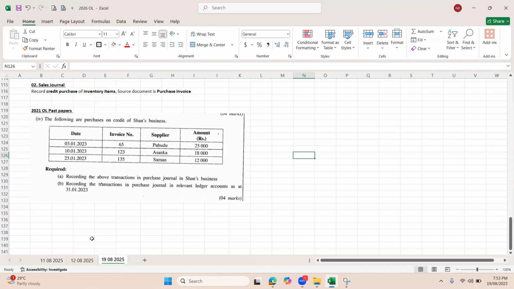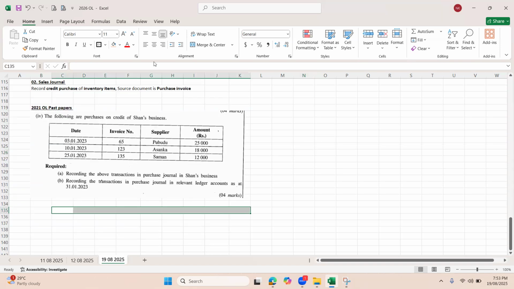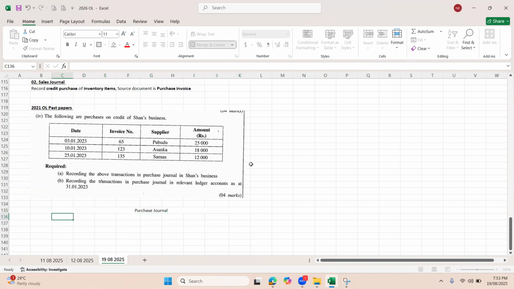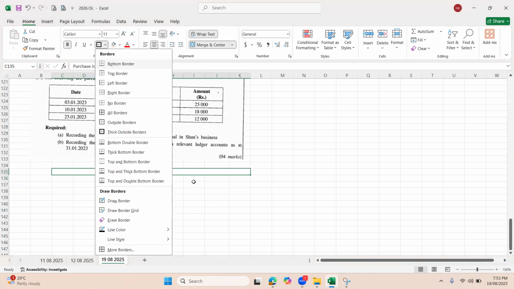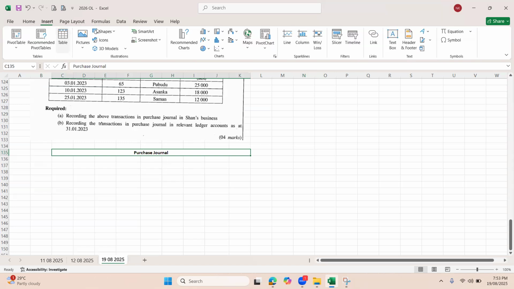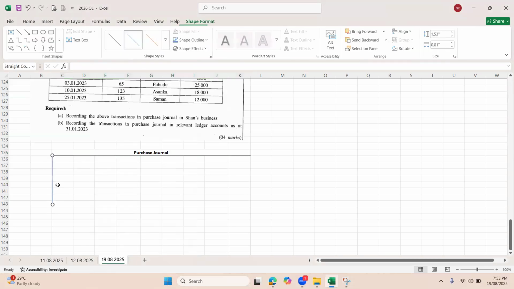This is the format of the purchase journal. All these formats are a little bit the same, therefore it's easy to remember. Here we have a date column, then invoice number, then the supplier, the one from whom we are purchasing.